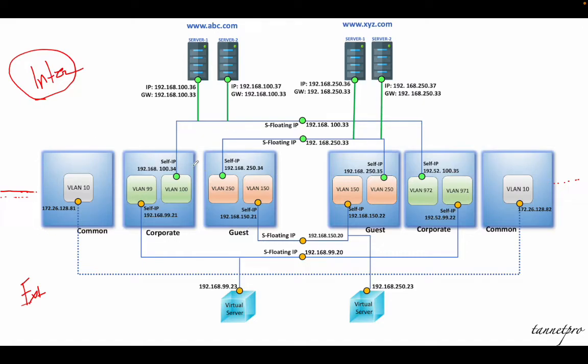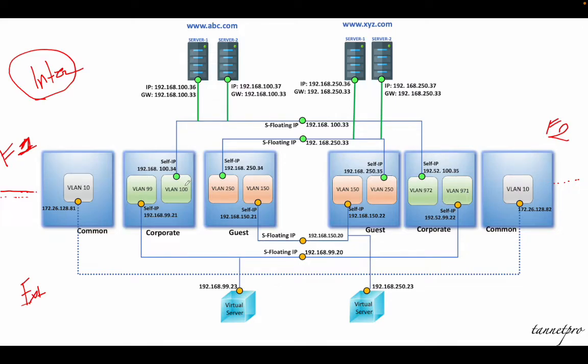But as it is HA, I have drawn two F5 boxes. This is F5.1, this is F5.2, load balancer 1, load balancer 2. My drawing is a little horrible, yeah.